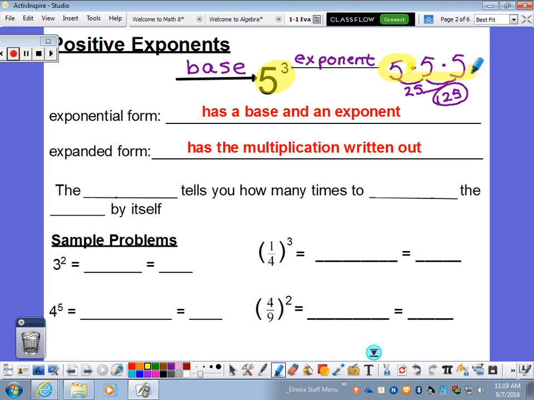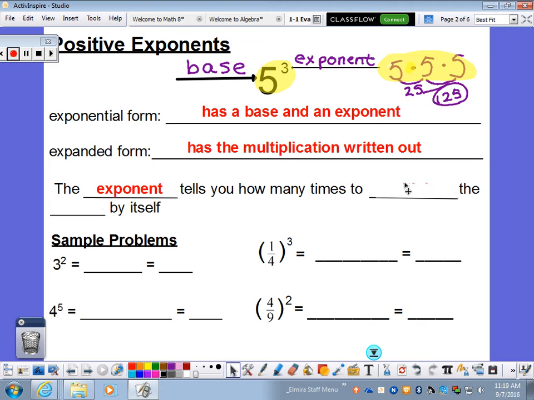This is expanded form right here. The exponent tells you how many times to multiply the base by itself. Okay, so we got some sample problems here.